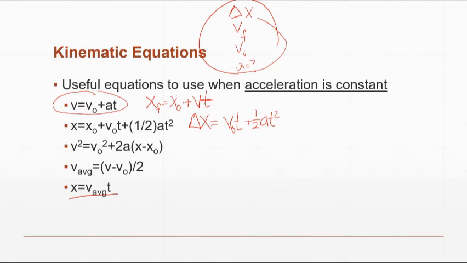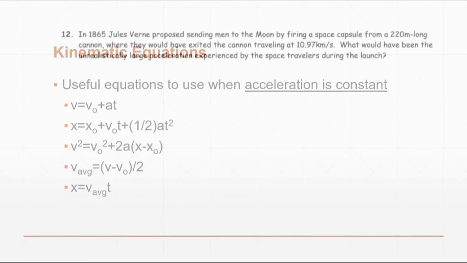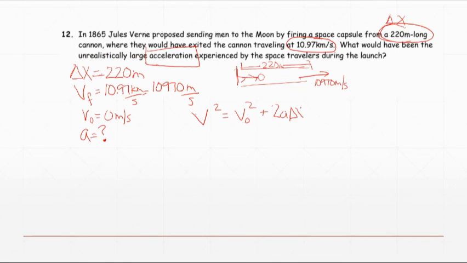So I want to make sure that I don't use an equation with time. That takes out the first one and the second one. So the only other option I have here is v squared equals v initial squared plus 2a change in x. So I'm going to use that equation.